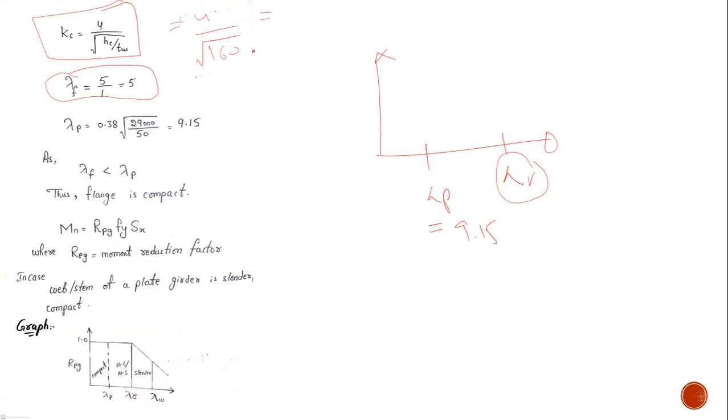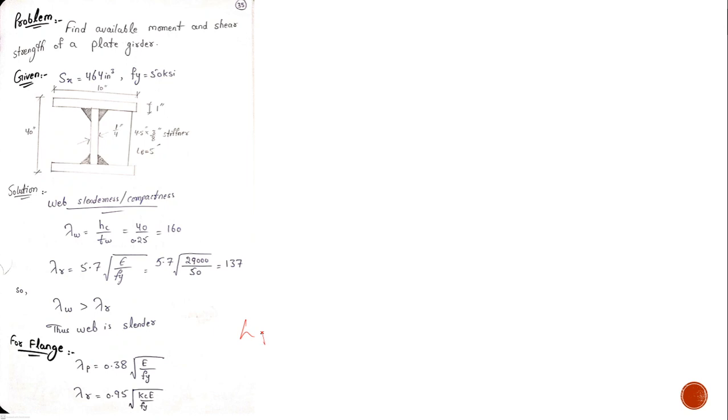But we found out that our lambda f is 5, so it is much lesser than this lambda p. It is very clear cut, and obvious that we are in the compact zone. I need not find this lambda r because I have found out lambda p, and by logic lambda p should always be less than lambda r.